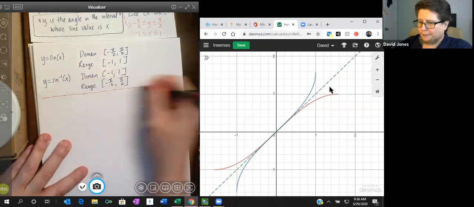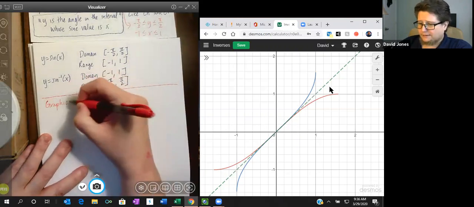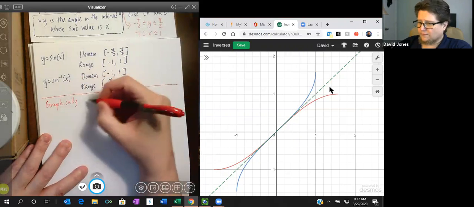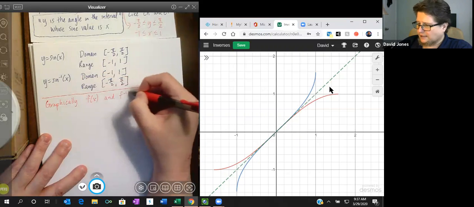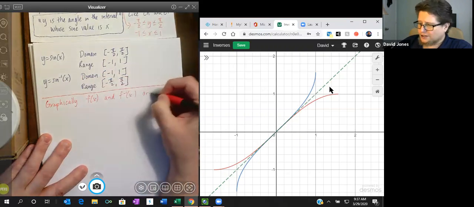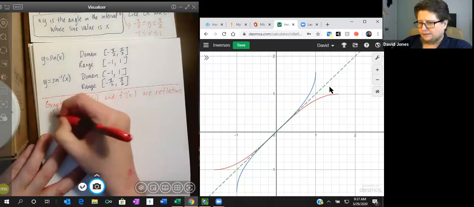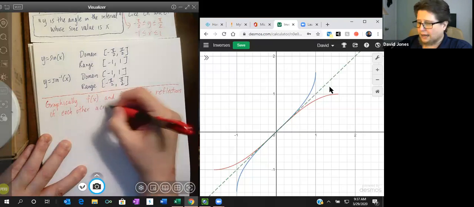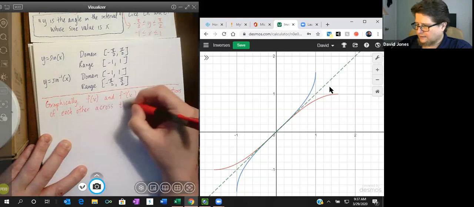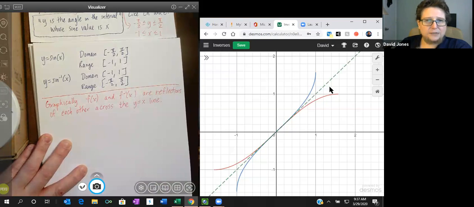It's a graphical property of inverse functions and their base functions. f of x and f inverse of x are reflections of each other across the y equals x line. As we can see in our Desmos image right there.